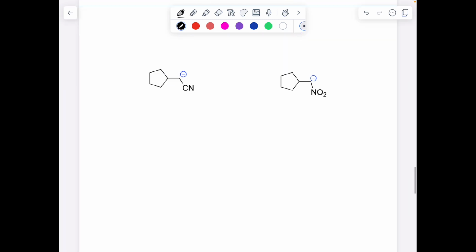We could also look at this question and say which is the better base. Okay, well, which lone pair is more reactive? Here we have a lone pair on a carbon, and we have a CN group versus an NO2 group. Which group is more electron withdrawing? Well, the NO2 group is way more electron withdrawing.